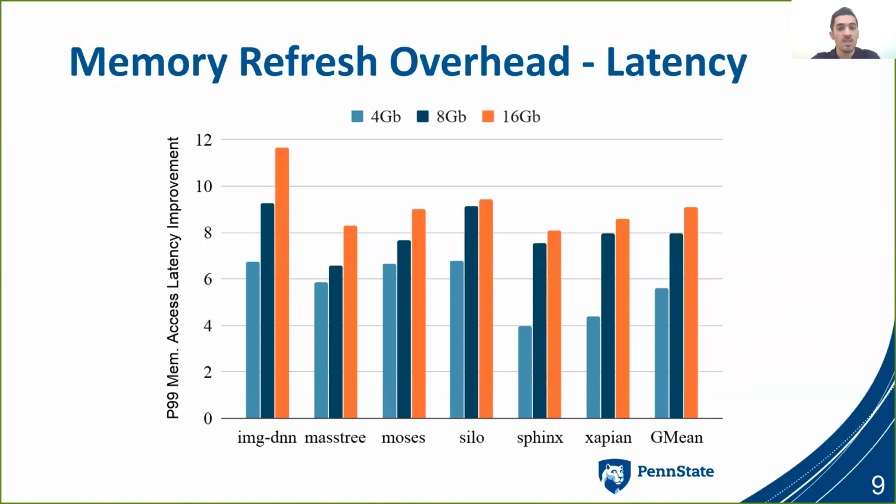We secondly look at the implication of memory refresh on performance. Memory refresh can result in hiccups in memory access latency, as certain sections of DRAM, whether one bank or all banks, based on the refreshing policy, are not accessible during refresh. In this experiment, we show that removing all memory refresh overhead can improve the 99th percentile memory access latency by 6 to 9x.